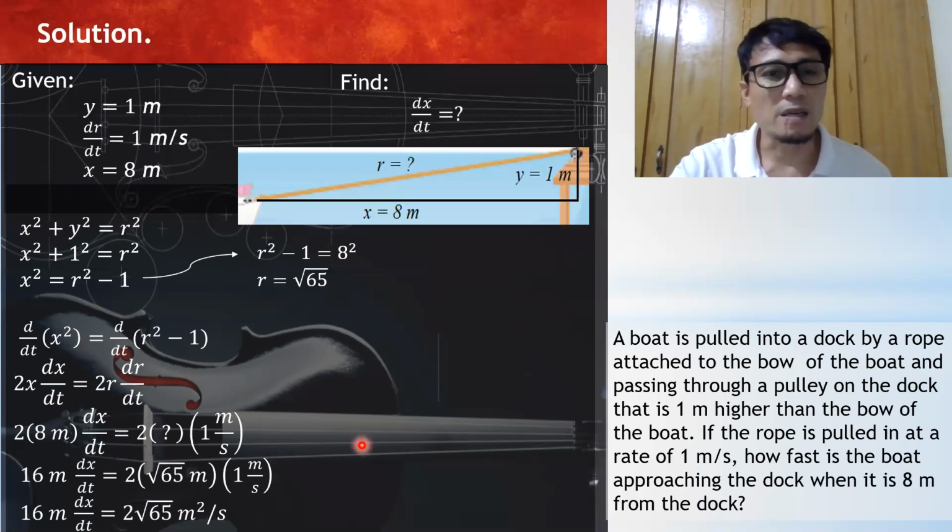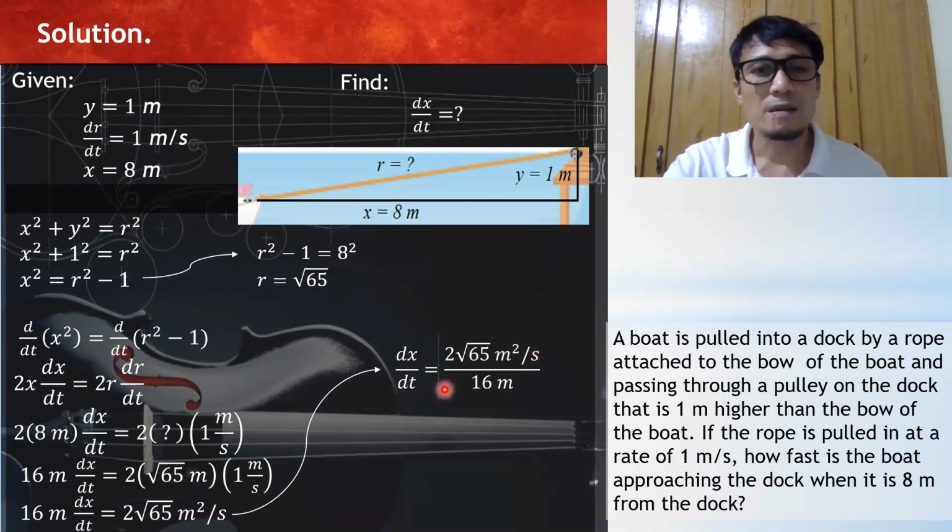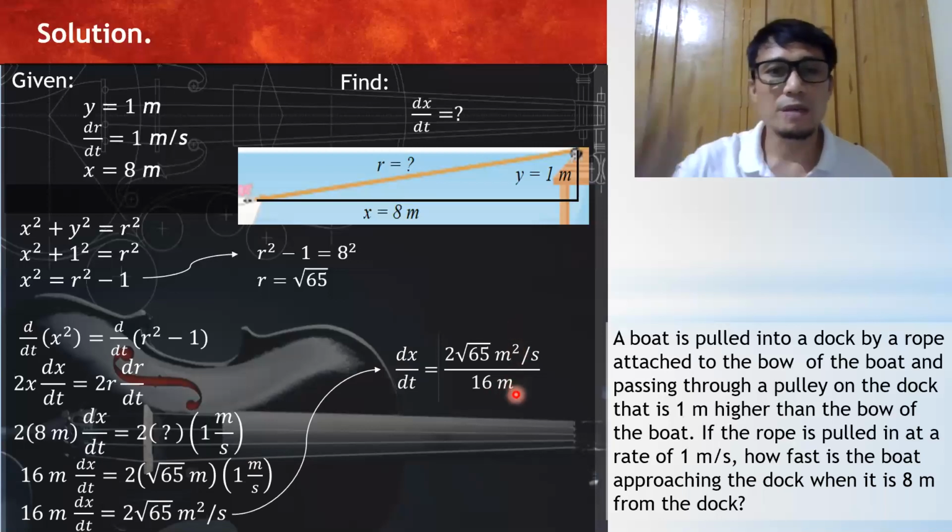So we have 2 times square root of 65 meters squared per second, and then we should get rid of the 16 meters. That's why we have dx/dt equals 2 times square root of 65 meters squared per second over 16 meters. Of course, the meter here will cancel, so we're left with meter per second.